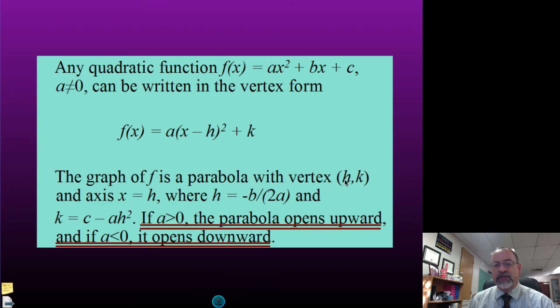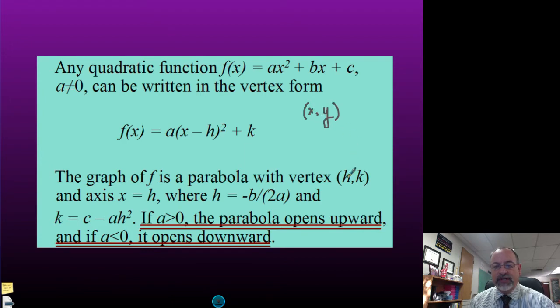So the vertex is going to be (h, k). Remember, the vertex is actually a coordinate. Normally our coordinates have an x-coordinate and a y-coordinate. But if we were to put an x in this expression and a y in this expression, it would be very difficult to determine which x is the vertex and which x is the relationship or dependent variable. So we use h instead of x.